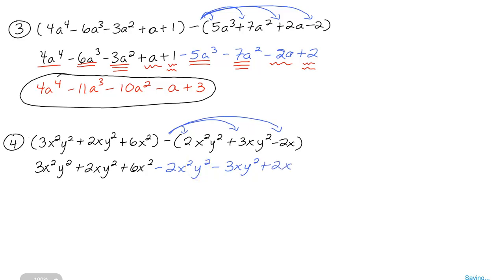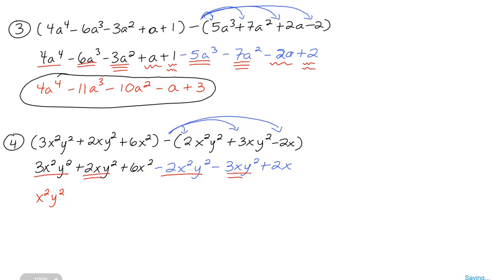Okay, so 3x squared y squared has a like term of negative 2x squared y squared, because the x squared, y squared. And again, it's only the coefficients, the numbers in front, that I'm combining, and the variable part stays the same. So 3 minus 2 is 1, so 1x squared y squared. And then 2xy squared.